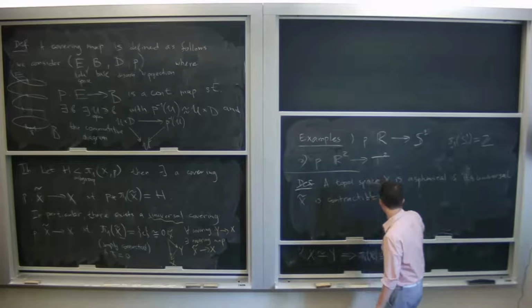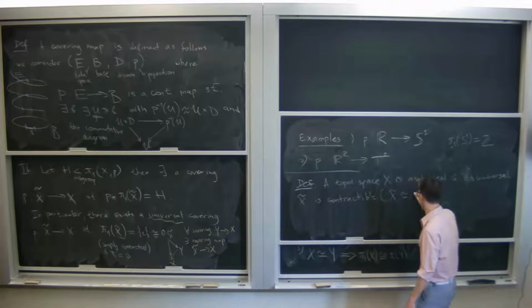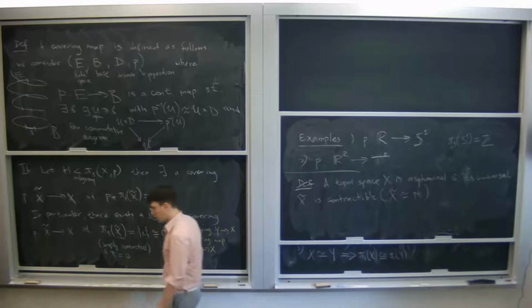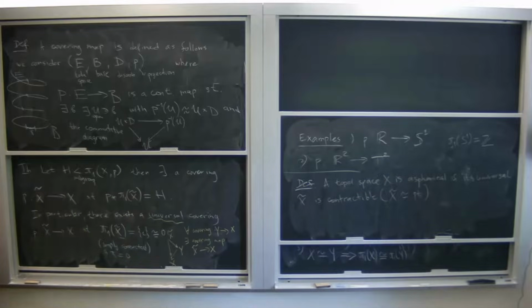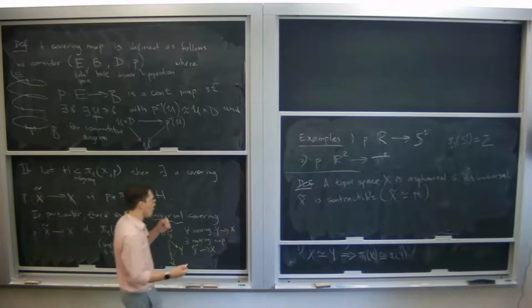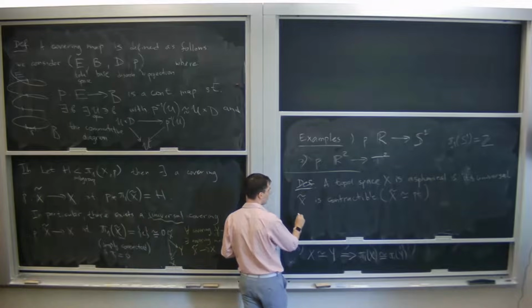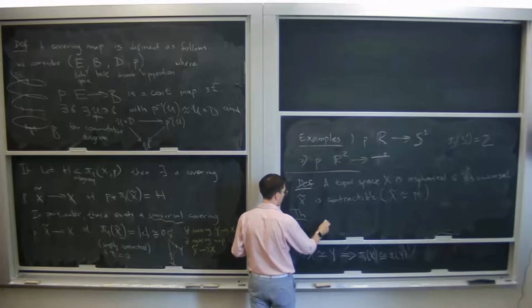I remind you that it means that X tilde is homotopy equivalent to a point. In fact, I will just state something about cell complexes, since any manifold can be considered as a cell complex, but we will not be really using cell complexes. But this is the Whitehead theorem.